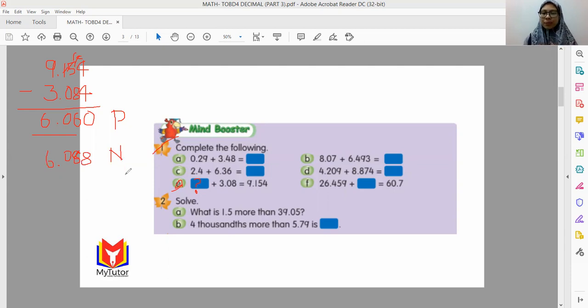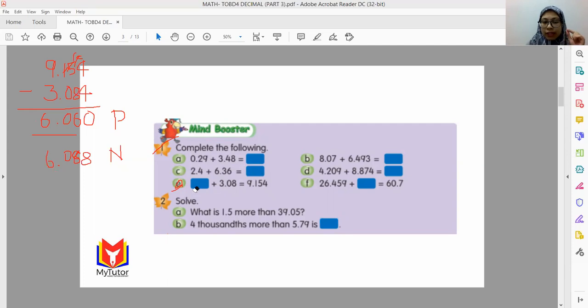It's okay. So let's discuss with each other. Girls, when you have this kind of question, a bit different from A, where the decimals are already given, 0.29 plus 3.48, and it's asking you to find the answer.